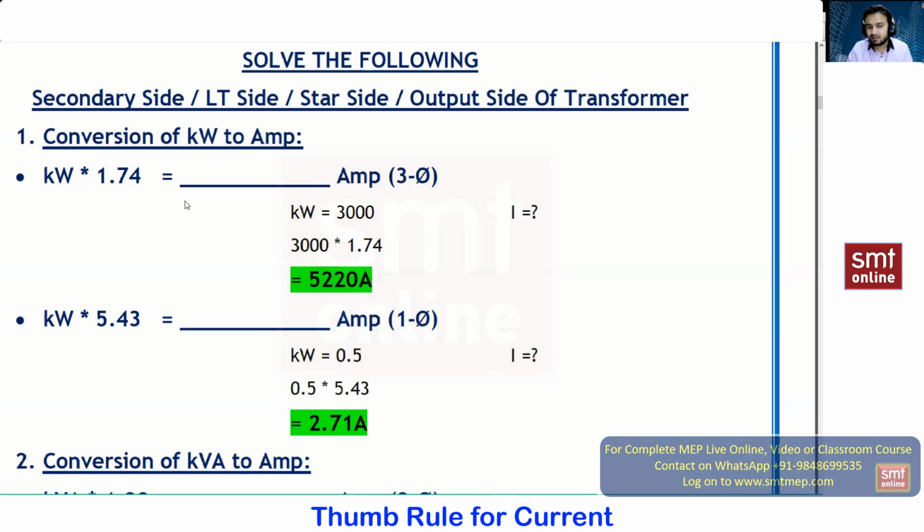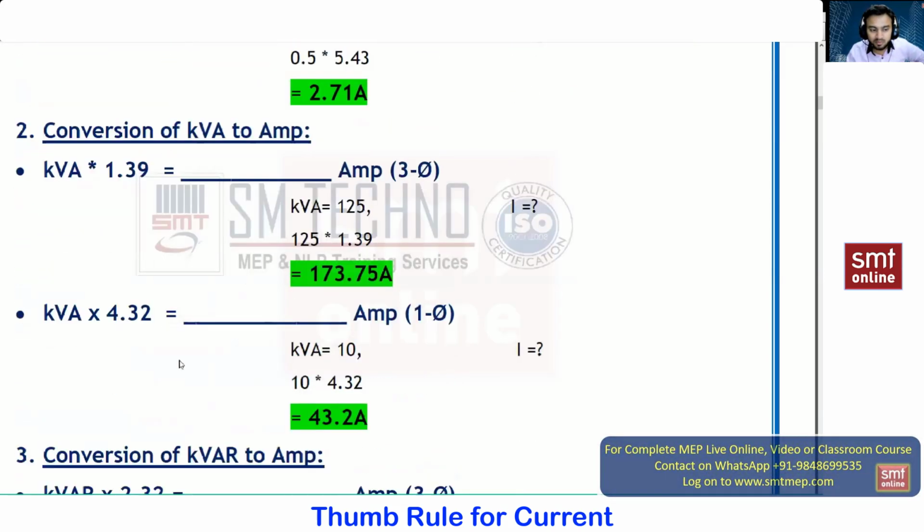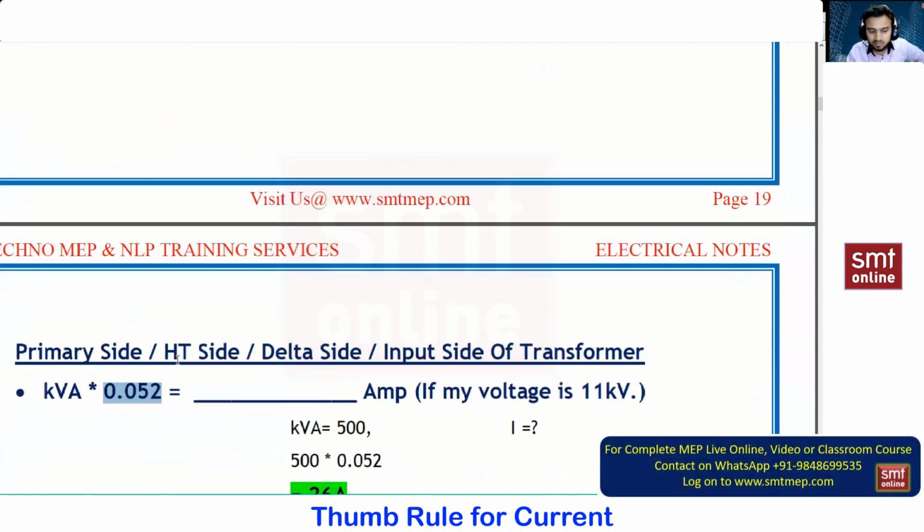Sir, can you revise the question of Miss Swati? What she actually asked? For 0.052 we are getting 1 divided by root 3 divided by 11. It's 0.052.